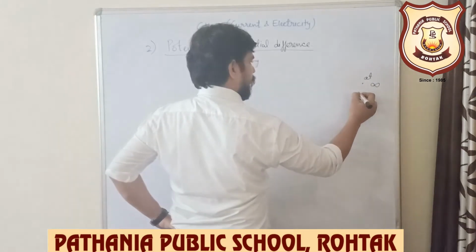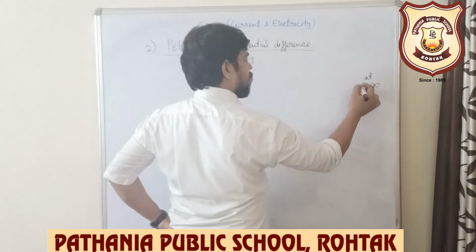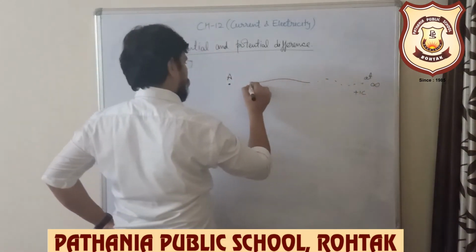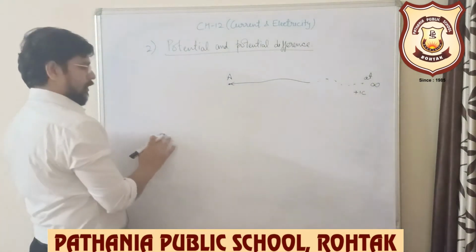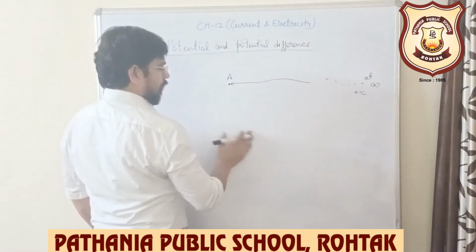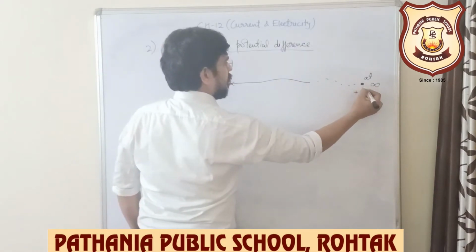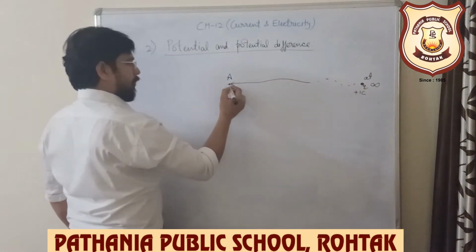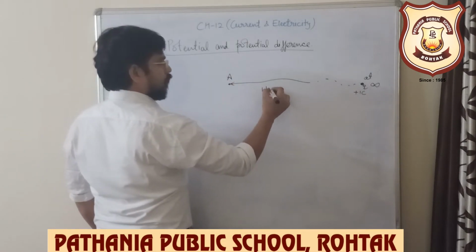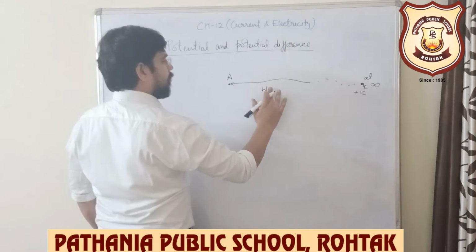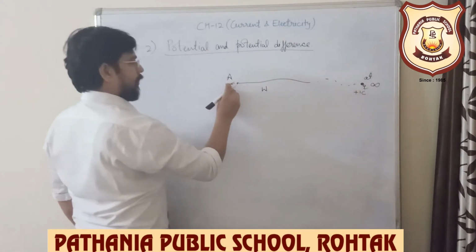If we move plus 1 coulomb of charge from infinity to a particular point A, and let us say that in bringing this plus 1 coulomb charge from infinity to point A, we need to do work, and let that work be W.